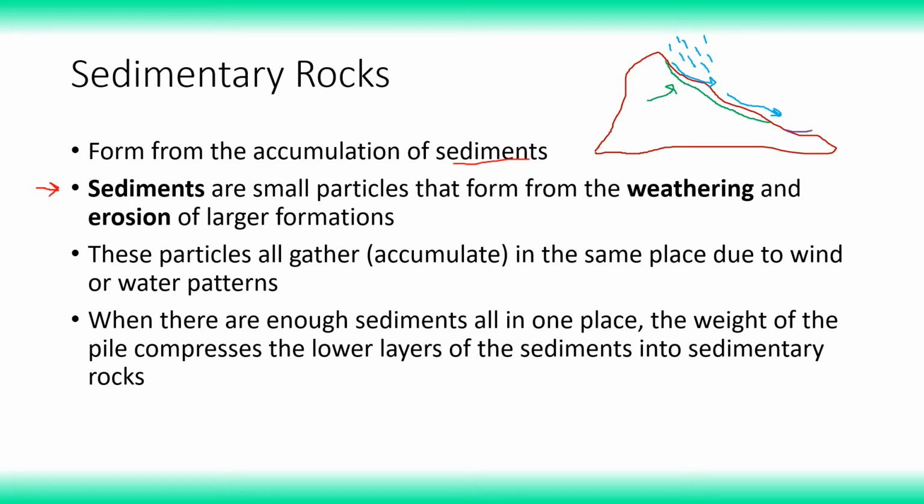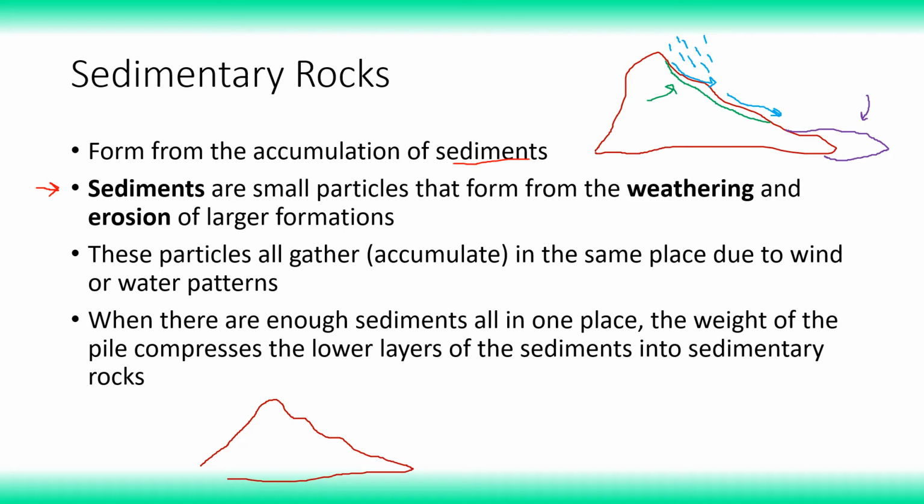So we might see that the formation grows down here at the bottom with new rock material in that area. Or with just a whole bunch of sediments down in here, and then we'll talk about how those sediments turn into sedimentary rocks. So basically, from these two pictures, if I redraw the first one and then draw the second one, so the first one looks kind of like this.